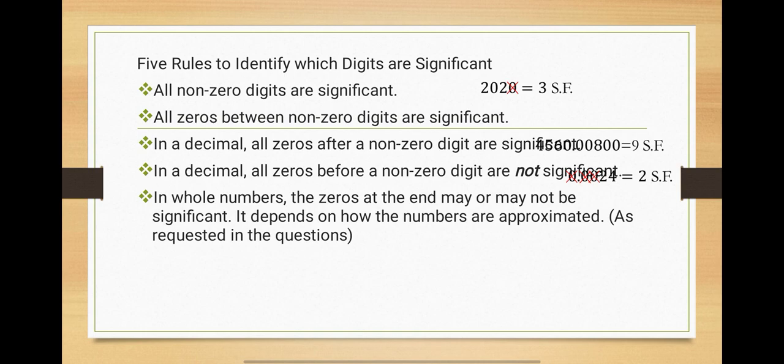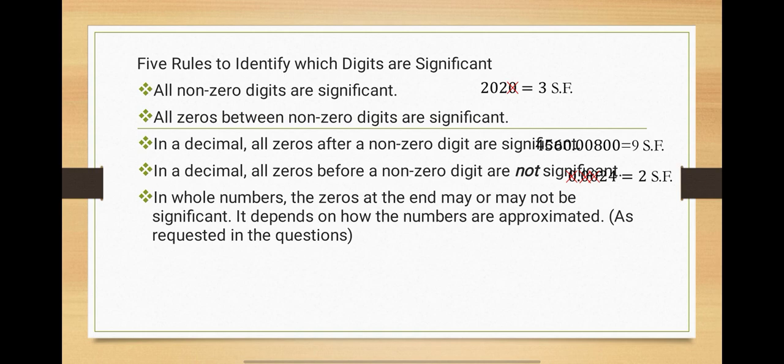What I wrote there is 4560.00800. So it's a decimal. Now it's 9 SF. So how come? 4560.00800, they are all 9 digits, right? So all of them are significant.